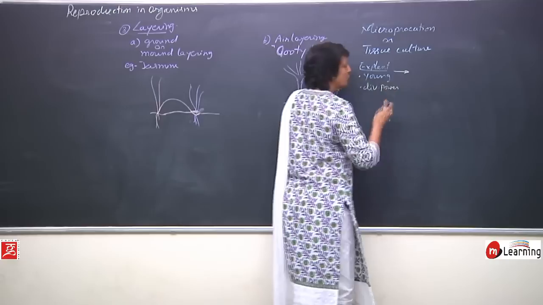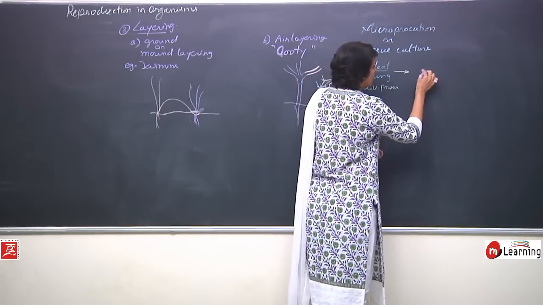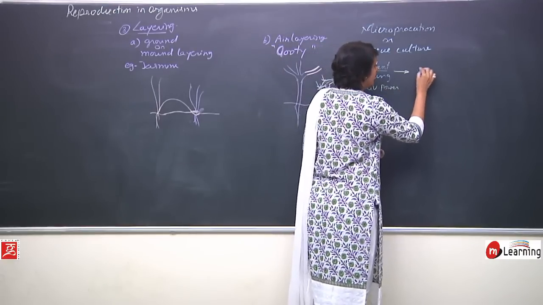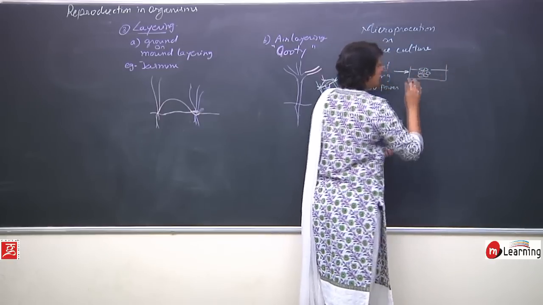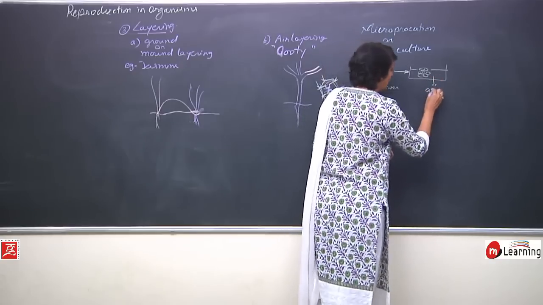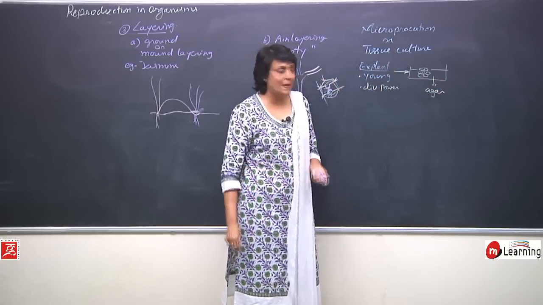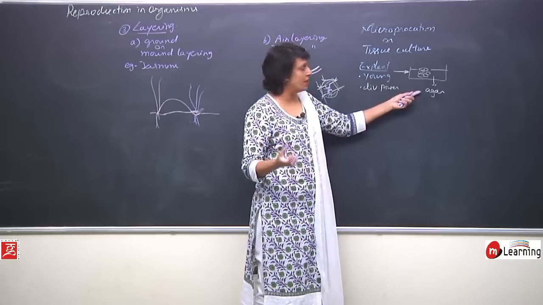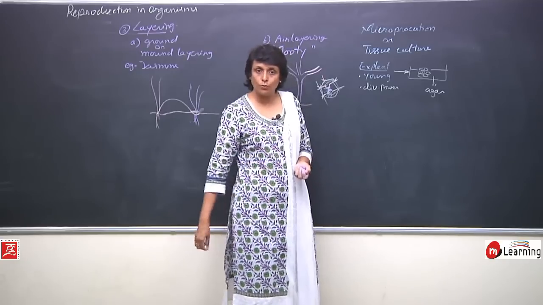So, suppose we take the stem tip. Now, those cells of the stem tip are grown in a culture medium. The culture medium can be agar, and because we are doing it in a scientific manner, agar is the nutritive medium, and in this we will add some phytohormones.